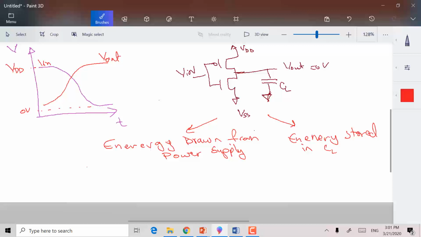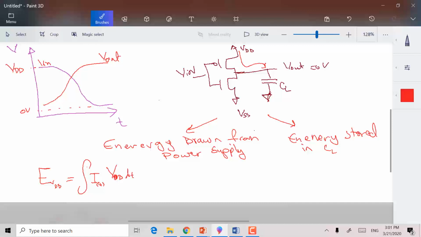The energy drawn from the power supply, we refer to it as E_VDD, is computed by integrating. So we have this current basically that is going to come from VDD, and this is where we integrate this current. And we know all the time my power supply will always provide a potential of VDD, dt.